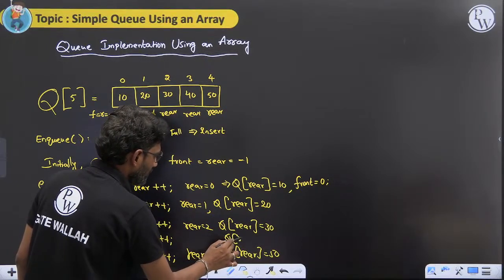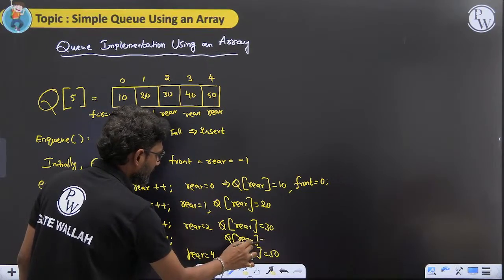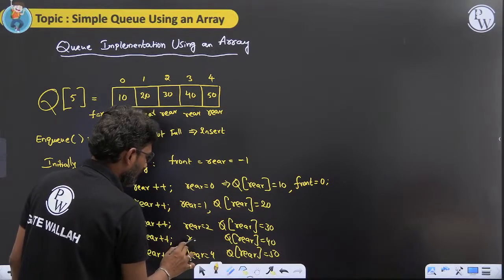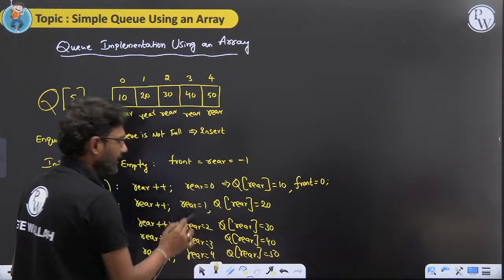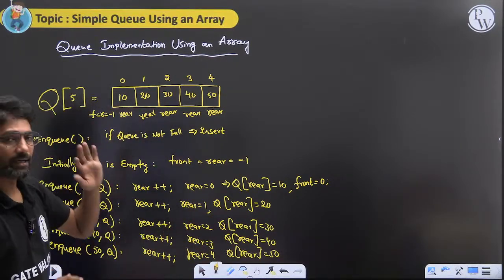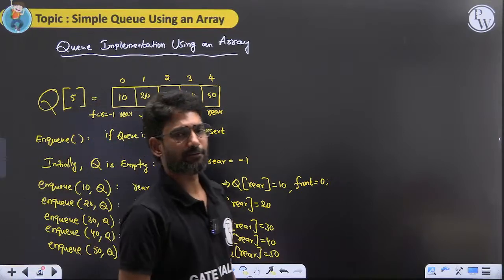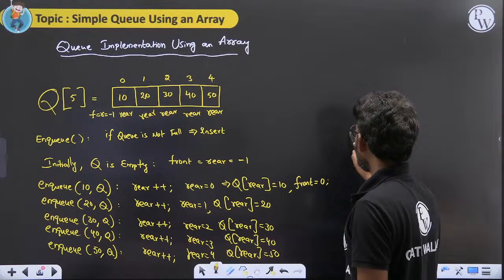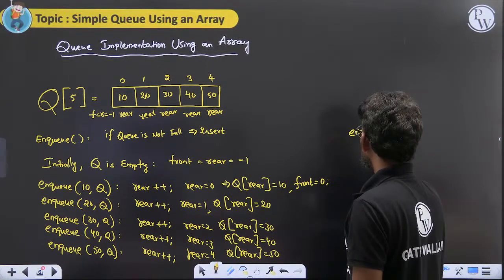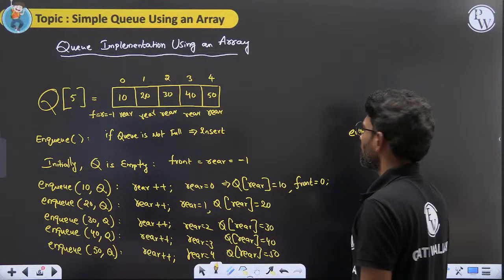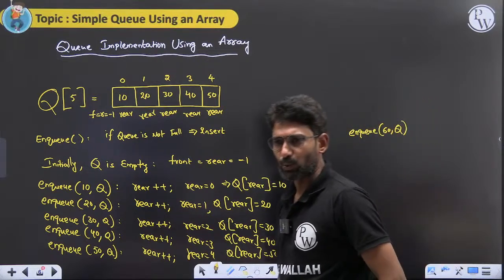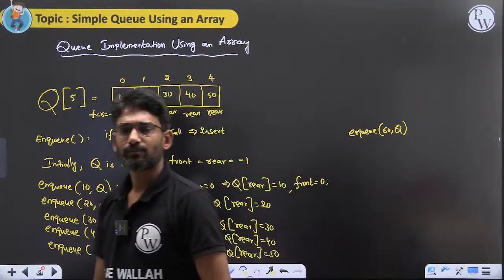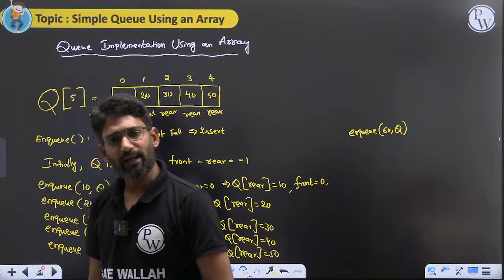So the array size I have taken as 5 and I have inserted 5 elements. Suppose I try to insert one more element into this queue, will I be able to insert?